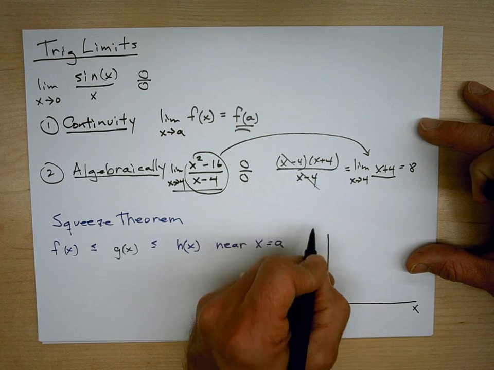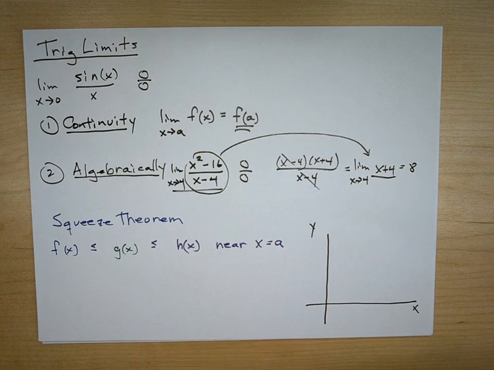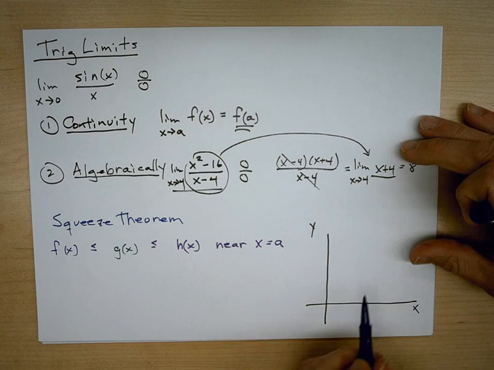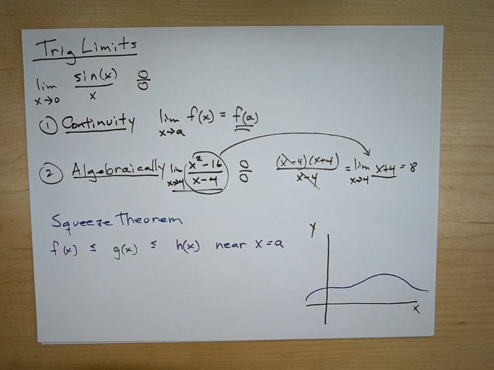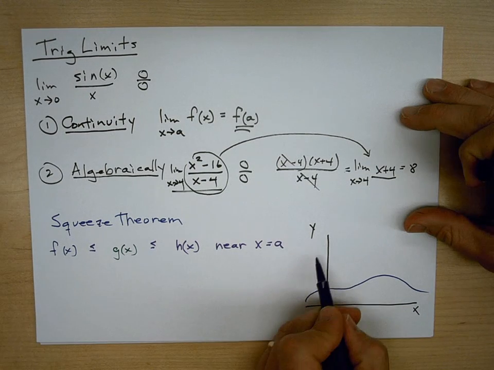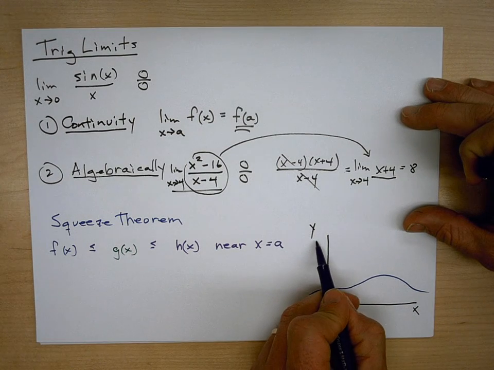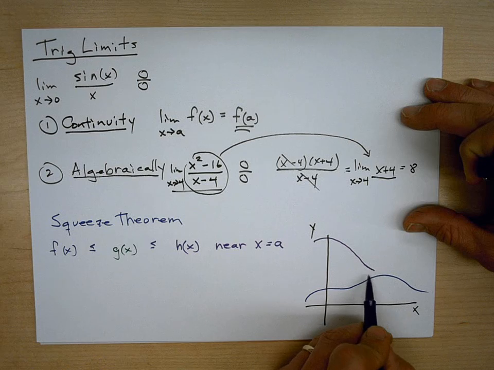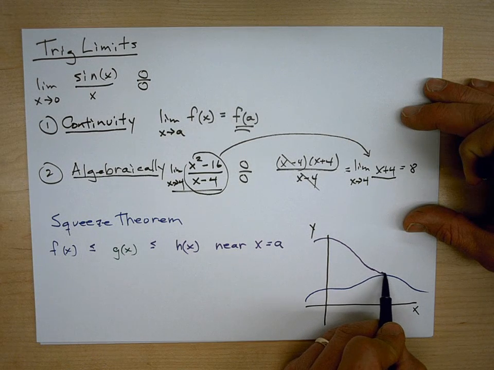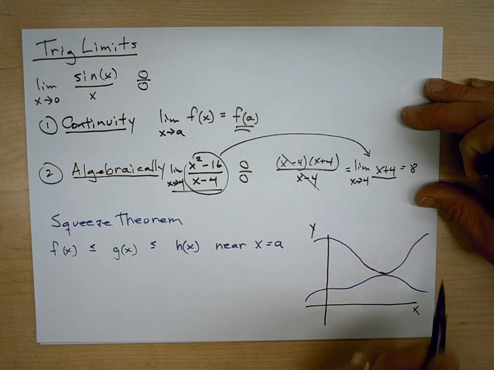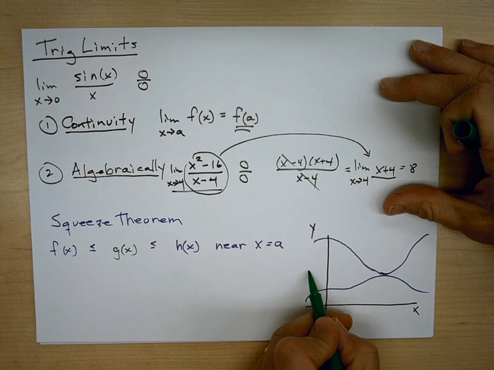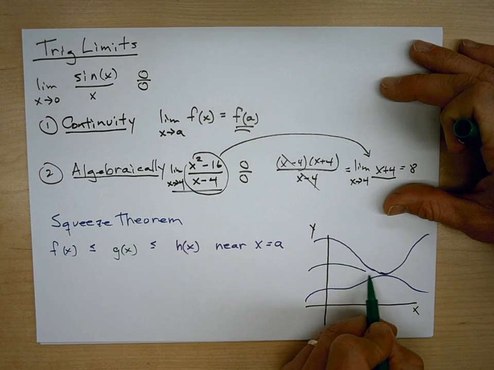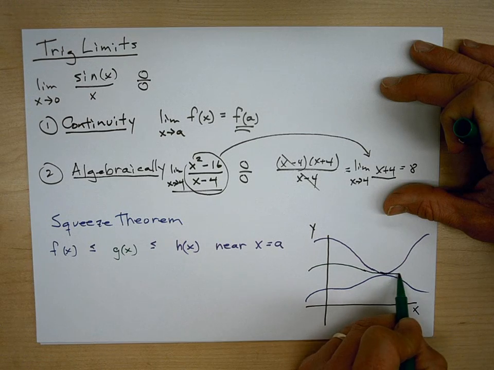So we could have maybe f of x doing something like this, and I'll put in h of x, doing something like coming down here and just kind of touching, and then the g of x right there.